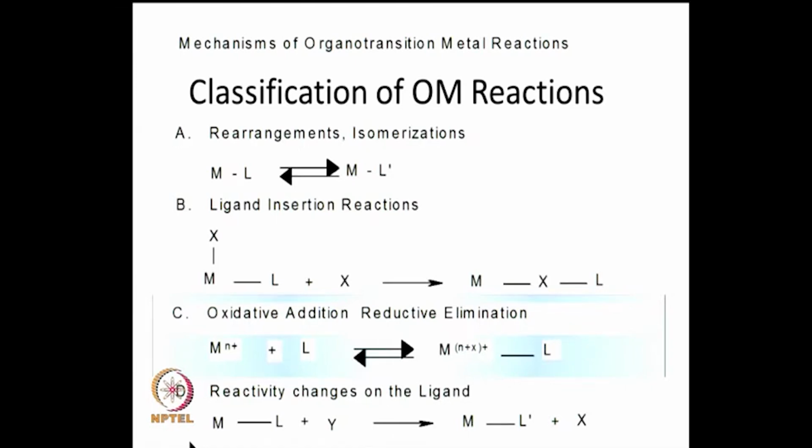We have written M as Nn+ on the left side of the oxidative addition reaction, and after the reaction we have changed it to N(n+x)+. X is a variable, sometimes 1, very often 2, so that is not a crucial aspect.